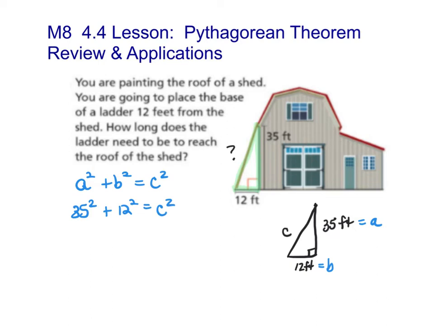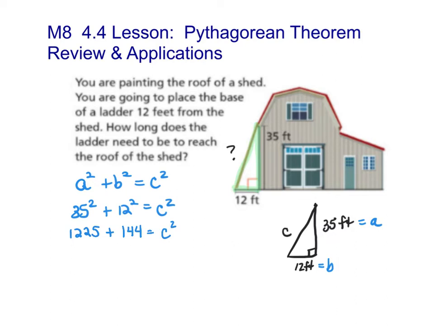You will use your calculator to find 35 squared and 12 squared. 35 squared is 1,225. What is 12 squared? You should know that 12 squared is 144, and we're going to set that equal to c squared.